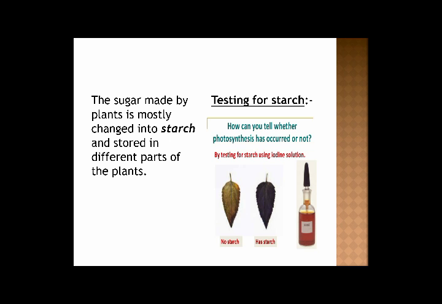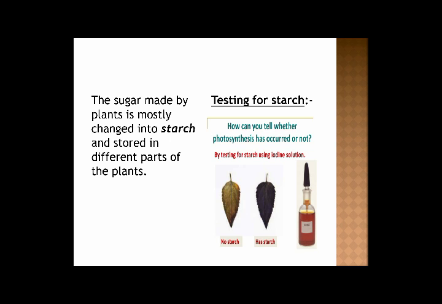While if that leaf does not show any change or does not turn bluish black, it means it does not carry starch in it. This is a simple test by which we can easily find whether starch is present in the leaf or not.